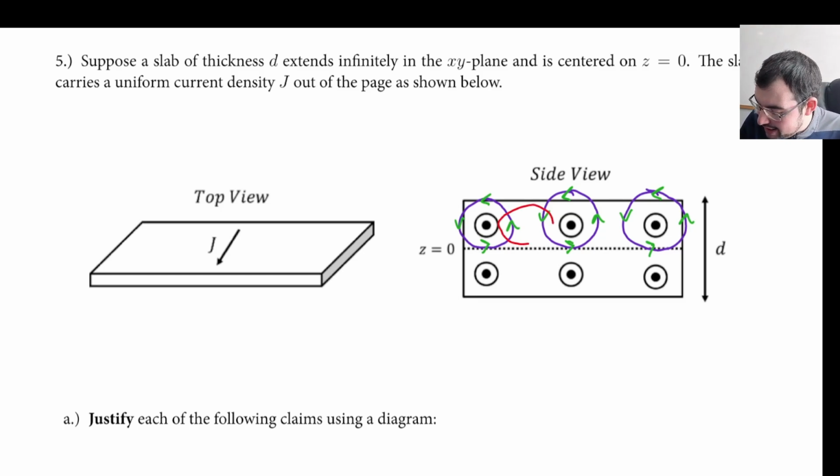Notice on this overlap here, the vertical components of these adjacent swirls are going in opposite directions, so they cancel. But what's not canceling is the horizontal. So notice that we're going to get an entirely leftward field for positive values of z. And by the same argument, if we were to draw circles down here, we see absolutely the same effect.